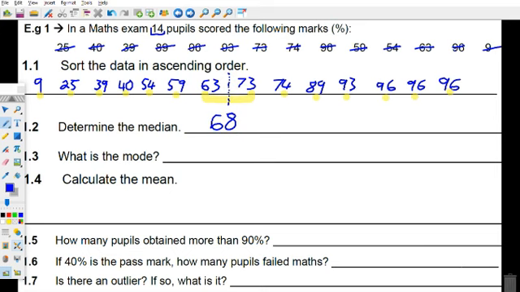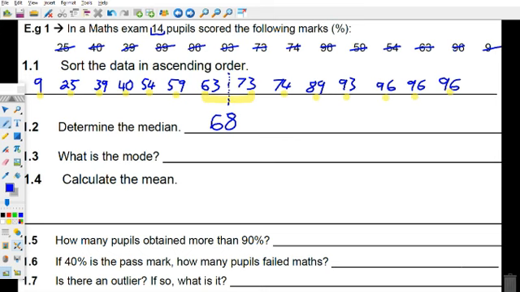Let's look at it this way. If we try to find the middle of two numbers, what's another way of finding the middle? We can find the average.